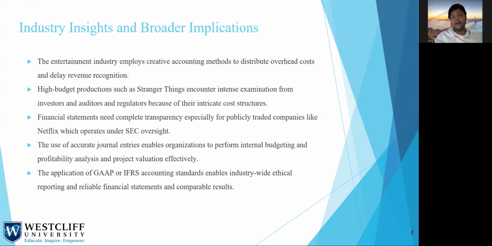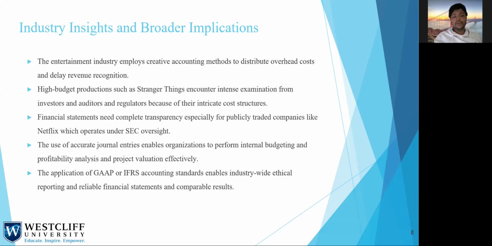That's how high budget productions such as Stranger Things encourage close examination from investors, auditors and regulators because of the inside cost structure. Financial statements need complete transparency, especially for publicly traded companies like Netflix, which operate under SEC oversight.